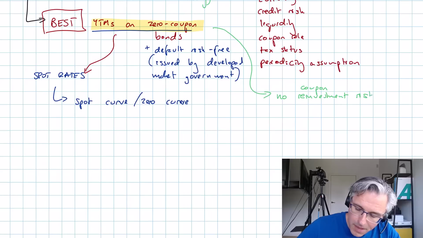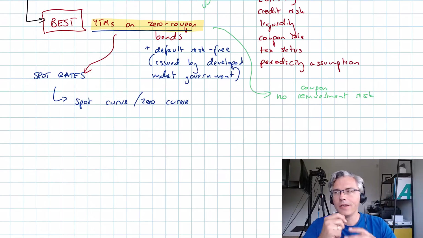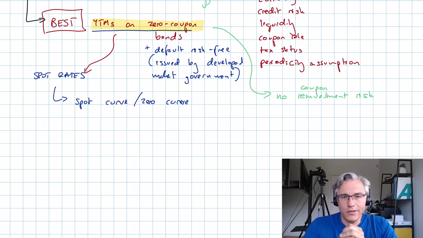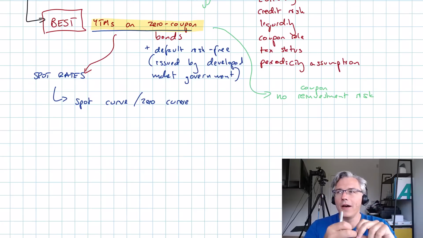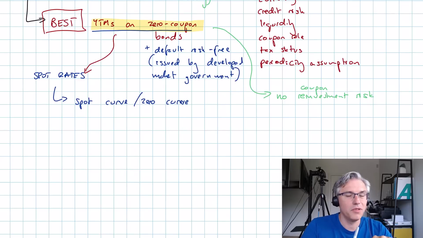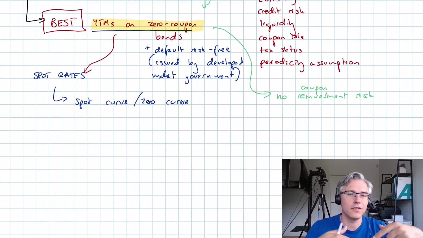You may remember that when I defined the yield to maturity a couple of videos ago, I said that the yield to maturity is only realized if you hold the bond to maturity, all the cash flows are received on time and in full, but also if all the coupons that you receive in the meantime are reinvested at a rate equal to the YTM.